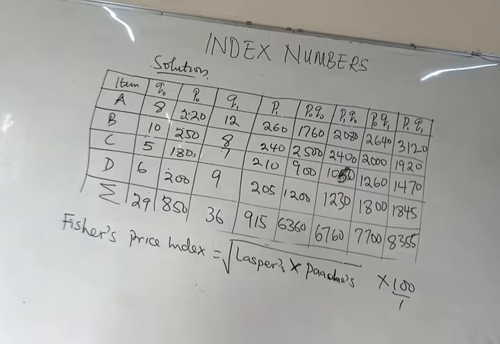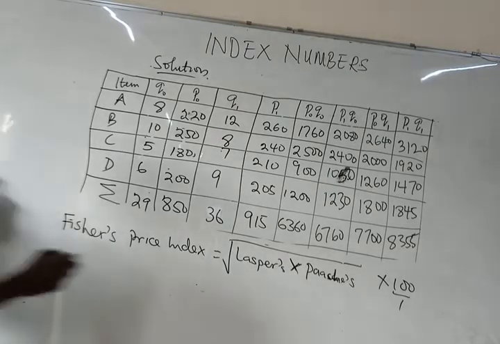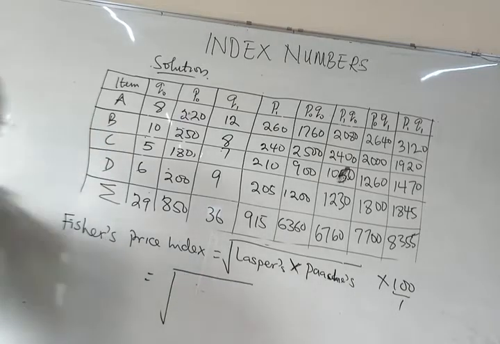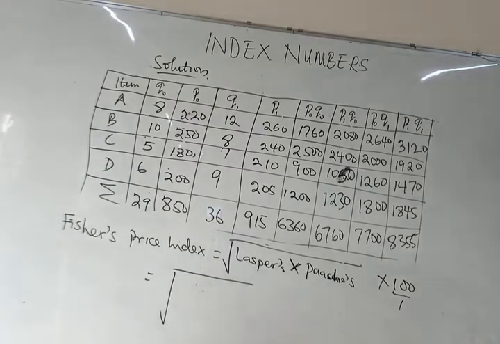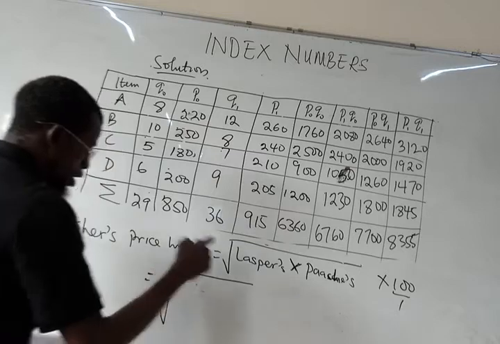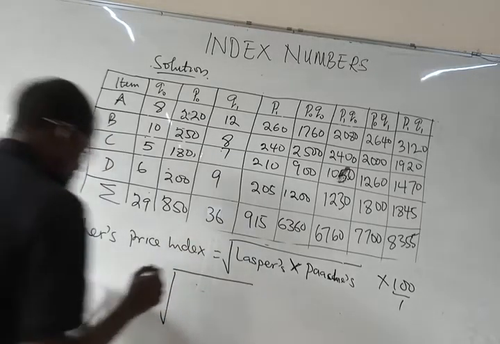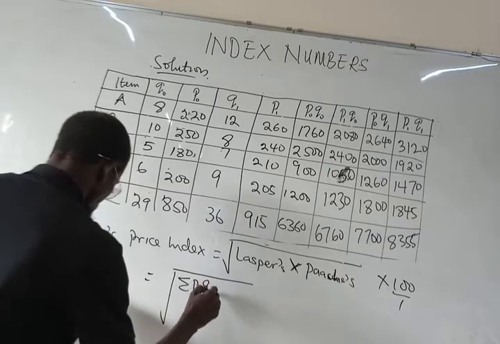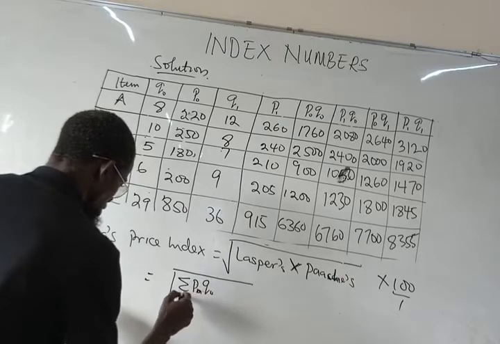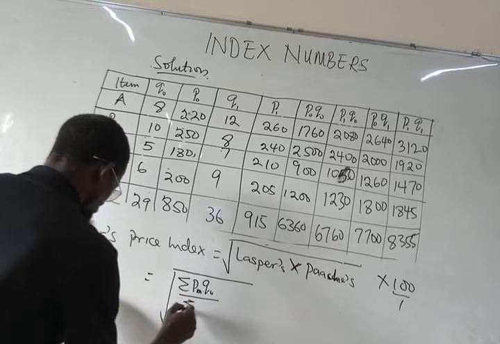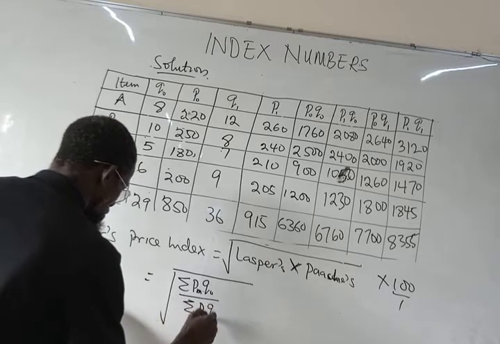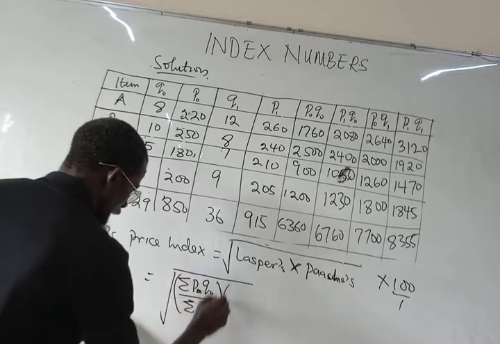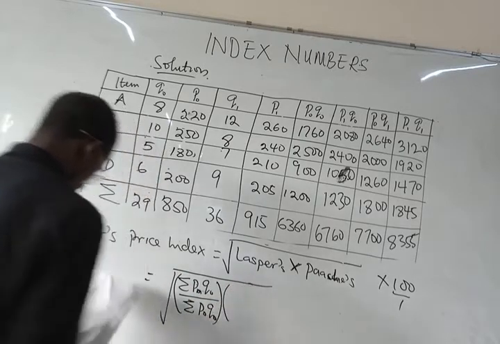Let's quickly see that. So I can write this in terms of our formula. Remember, for Laspeyres we have the summation of Pn Q naught over the summation of P naught Q naught. Then just bracket it under the same umbrella.